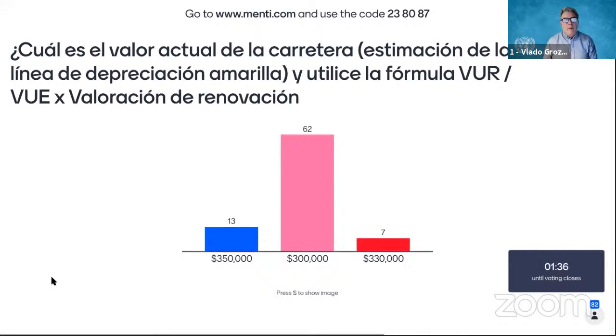But those who estimated correctly, which is 25 years of useful life of the asset minus 20, it's 5. So if we divide 1.5 million by 25 and multiply by 5, that is 1.5 million divided by 5, which is exactly 300,000.